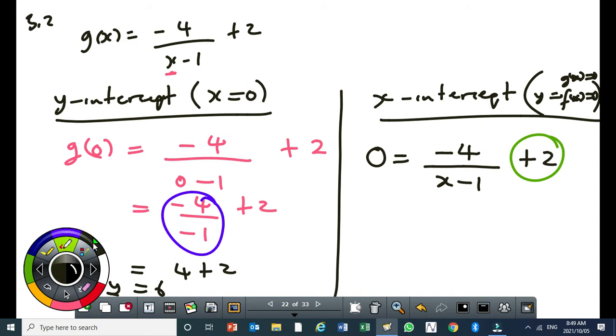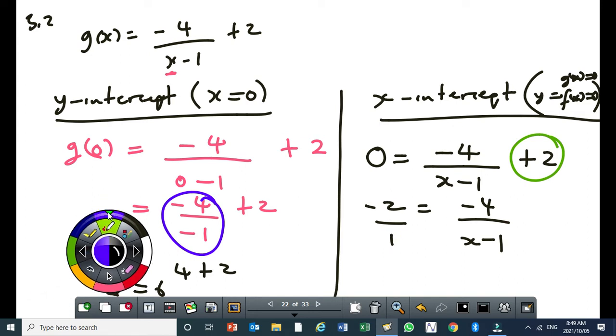Okay? Take the 2 to the left hand side, you get minus 2 equal to minus 4 over x minus 1. The denominator of that minus 2 is a 1. Then you cross multiply. If you cross multiply, you get minus 2 times x minus 1 equal to minus 4. And this will give you minus 2x plus 2 equal to minus 4.